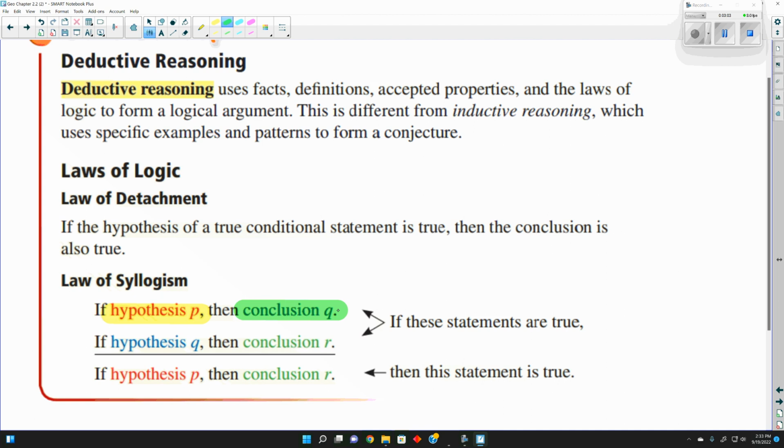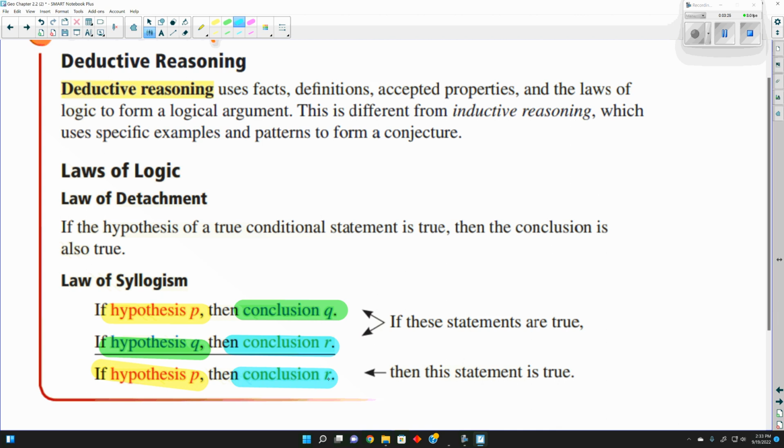Then if Q, then R, where the conclusion of one and the hypothesis of the other match up, we can combine them by dropping out the one that's the same to match up the two others.